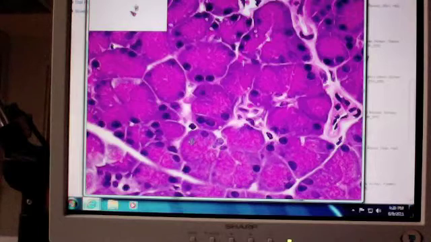Where's my next person? What else can it be called? What is the product coming out of this gland, just given the color of the cytoplasm here? Serous, okay, this is another serous gland. Now these happen to be zymogen granules in this one.